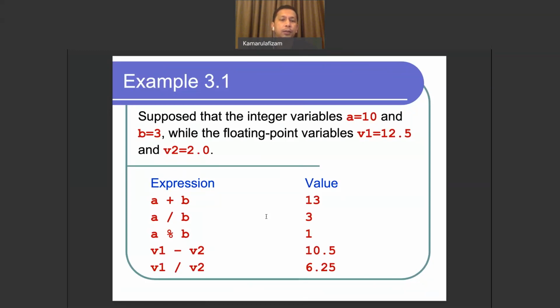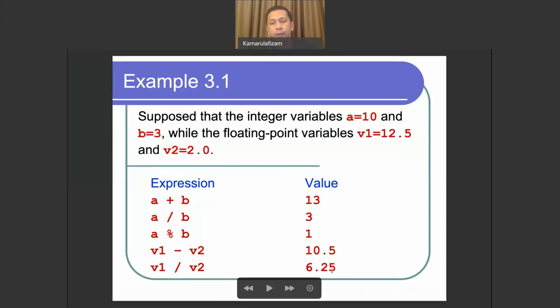And a, the percentage sign, with b, you will have integer division. a is equal to 10, b is equal to 3. a divided by b, you have 3 and remainder 1, so 1 will be kept in the memory for this equation. So v1 minus v2, v1 is 12.5, v2 is 2.0, you will have 10.5.